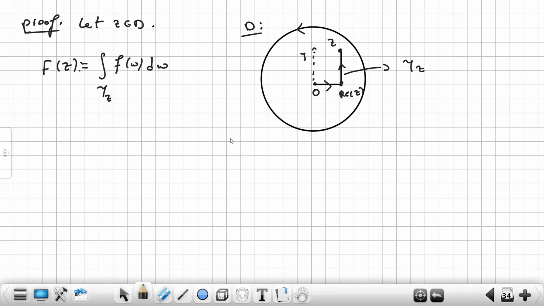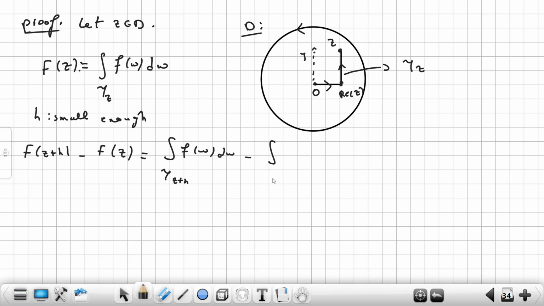Now let h be small enough so that z plus h belongs to D. Compute F of z plus h minus F of z. Of course, this is equal, by definition, to the integral over gamma z plus h of f of w dw minus the integral over gamma z of f of w dw.